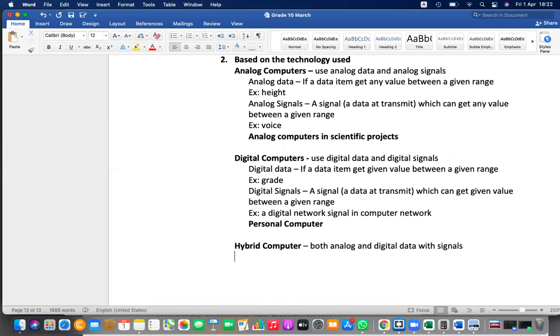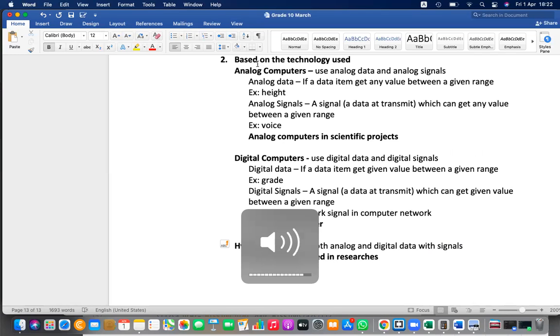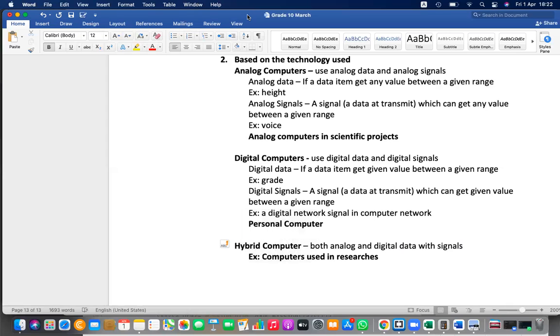Computers used in research, you can call them hybrid computers; these are examples. Analog, digital, hybrid. So please write that down. I'll give a diagram after this. After you write it down, please tell me whether you have finished or not, right? Then I'll move on.